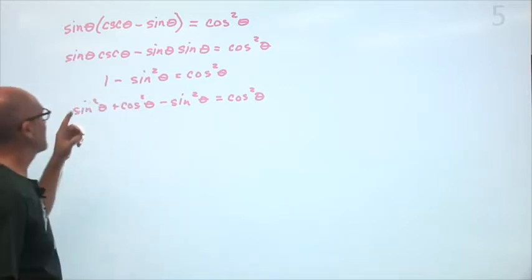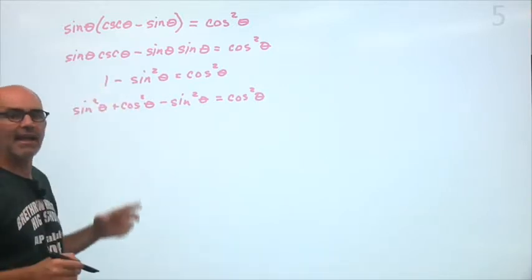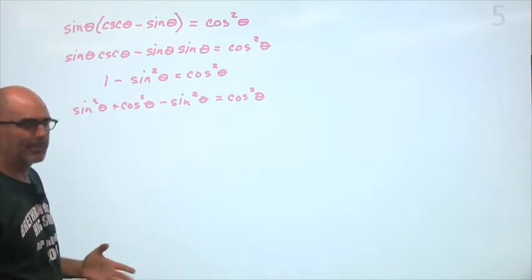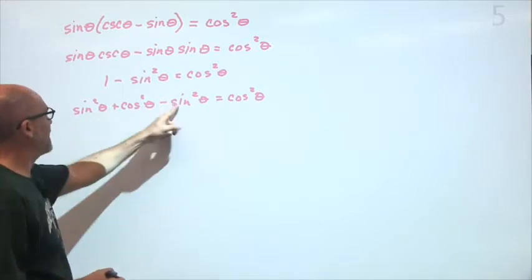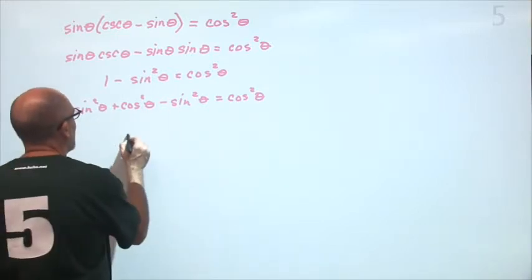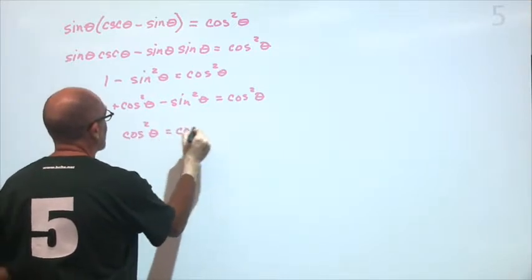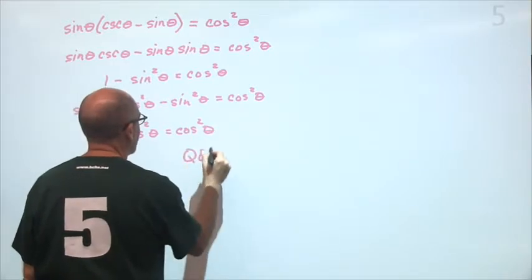Remember, sine squared theta plus cosine squared theta equals 1 is a Pythagorean identity that we have all memorized. So now look what I have. Sine squared theta minus sine squared theta, that's 0. So I end up with cosine squared theta equals cosine squared theta. That's it, QED.